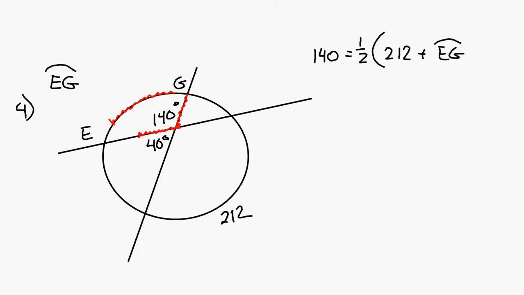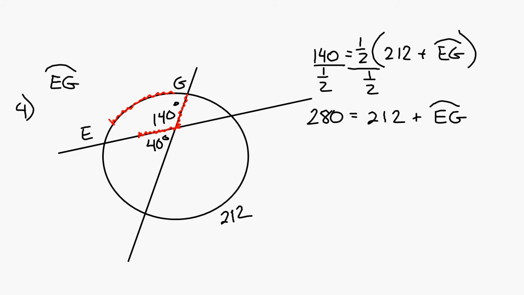So if you divide both sides by 1/2, then 280 is equal to 212 plus arc EG. And then you can subtract 212 from each side. And 280 minus 212 is 68 degrees. So 68 equals arc EG.